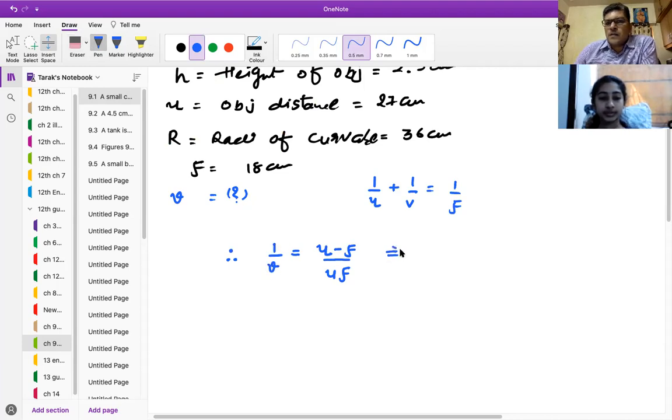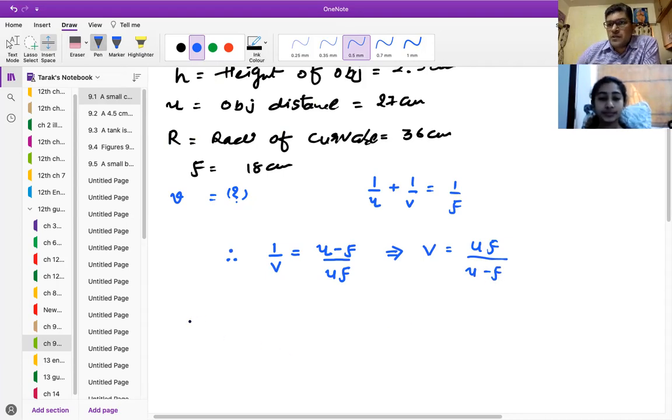So we will have v, but I changed the v a little because it is looking like a velocity. So we'll have v equals uf upon u minus f. Got it?